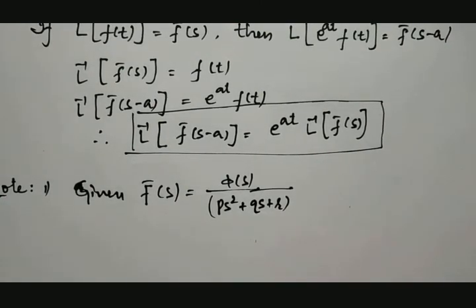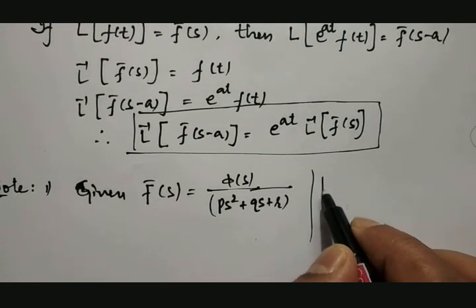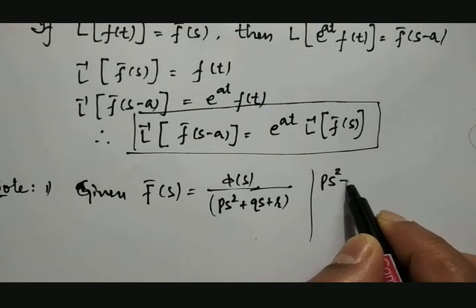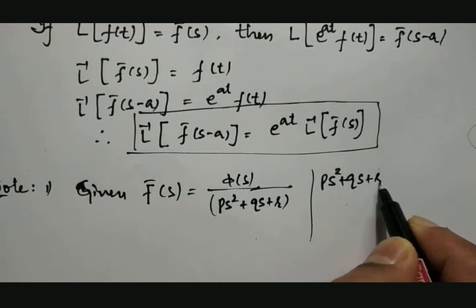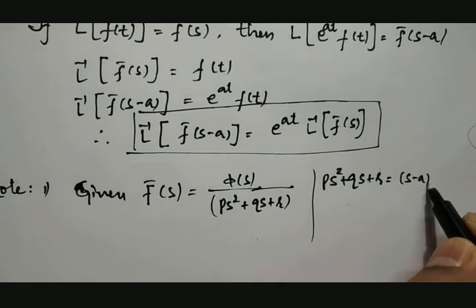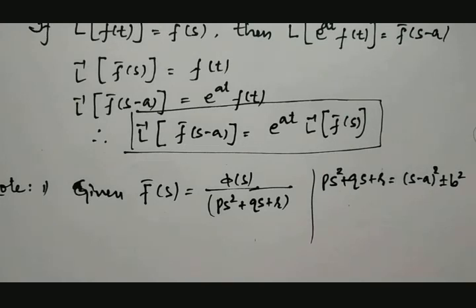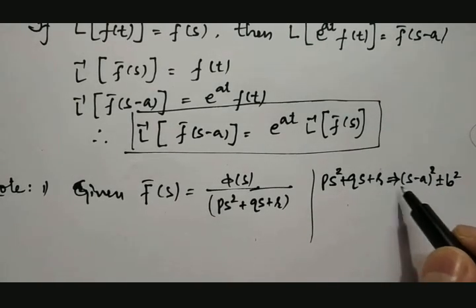In this case, there are two steps. First, we represent ps square plus qs plus r in the form of s minus a the whole square plus or minus b square.